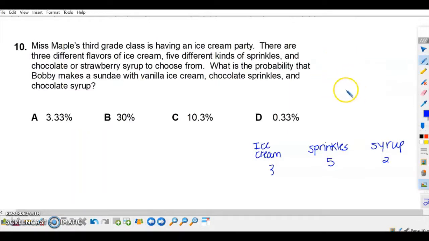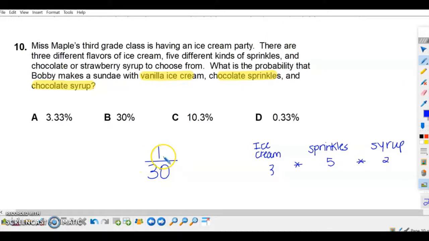Okay, so you could make a tree to find all the possibilities, but we want to figure out if you choose vanilla ice cream, chocolate sprinkles, and chocolate syrup. So choosing one of each of those. Do you know what that probability would be? The number of combinations we could do would be 3 times 5 times 2. 3 times 5 times 2 is 30.